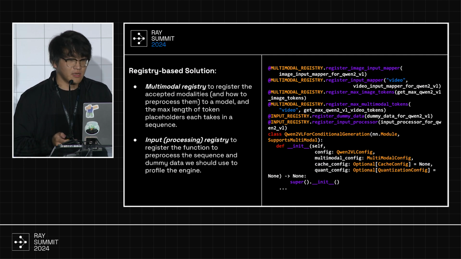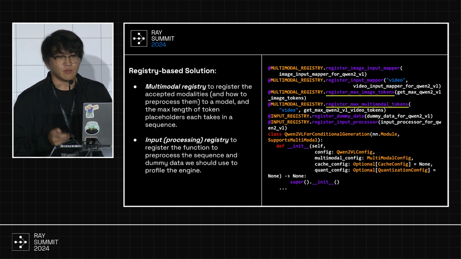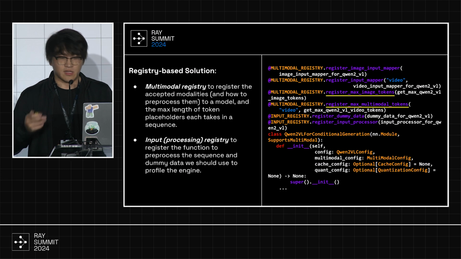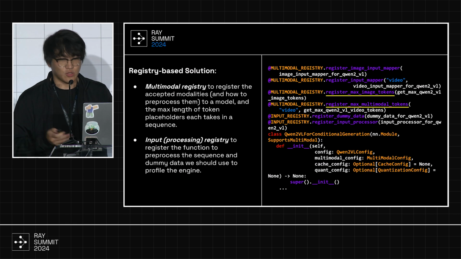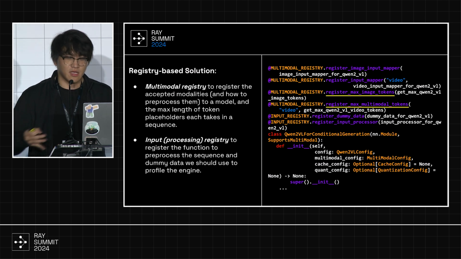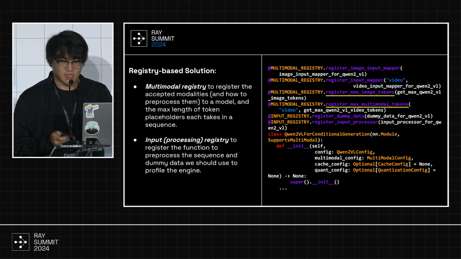Secondly, this multimodal registry is also responsible for defining the max number of tokens for each modality. A good analogy is that the max number of tokens for each modality is like how you specify the context length of your input text, because you do want to set a limit. If it's beyond the limit, then we cannot accept that additional modality.